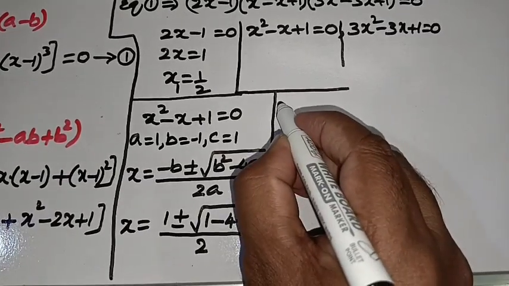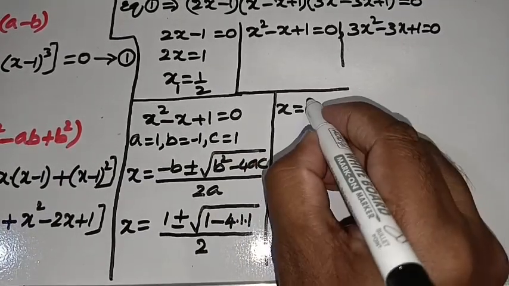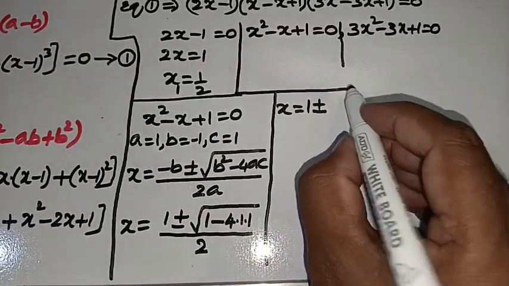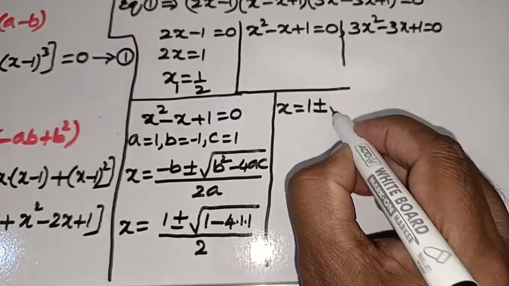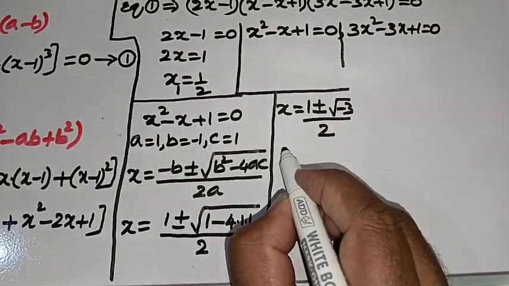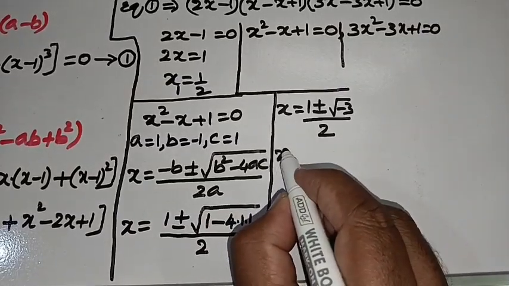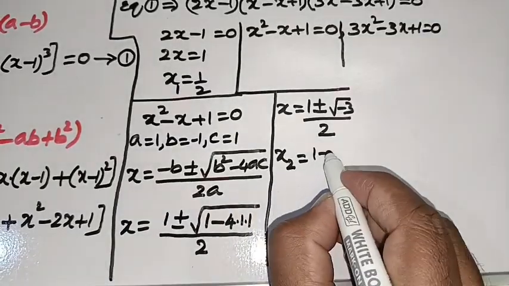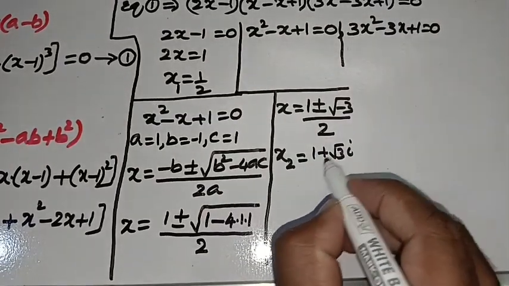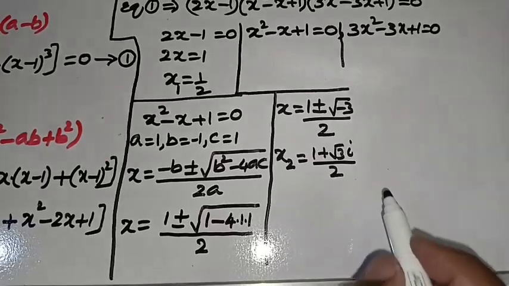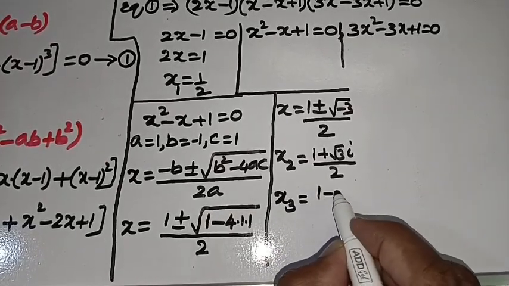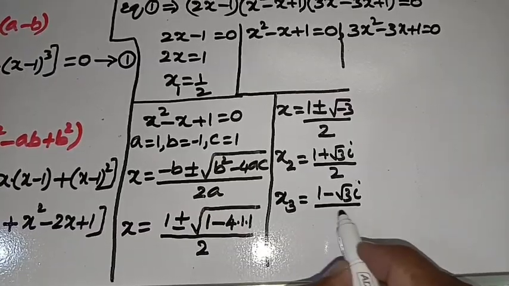So here we have x is equal to 1 plus or minus 1 minus 4. 1 minus 4 is root minus 3. So square root of minus 3 divided by 2. So the other solutions we get here, x2 is equal to 1 plus root 3i by 2. With plus sign I take one root, and by minus sign 1 minus root 3i by 2, we get one more root.